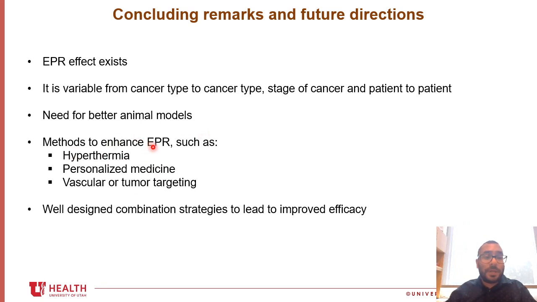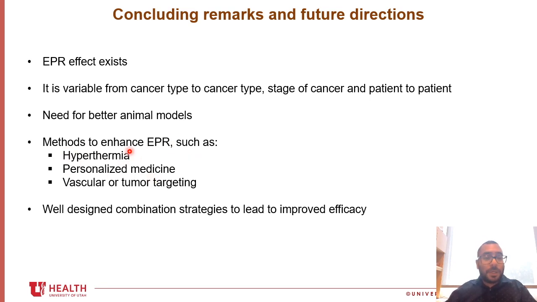We need methods to enhance EPR effect. We've already used hyperthermia, vascular, or tumor targeting. What we need is personalized medicine. If my tumor is representative of my body, then we need to design drugs based on my body, on what the genetic expression of my body is, and we need to come up with ways to use those genetic markers as targeting moieties and come up with drugs, which is called personalized medicine.